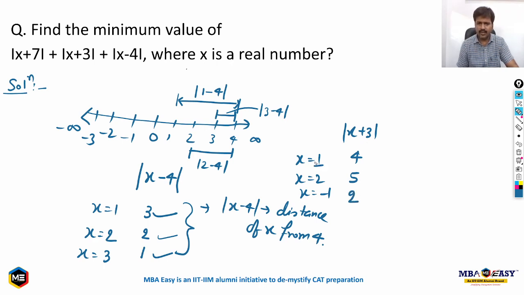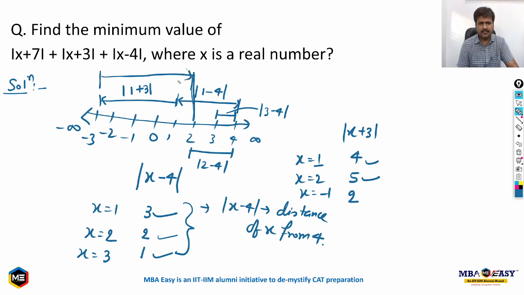Now for x is equal to 1, 4 has come. This 4 is nothing but the distance from minus 3 to 1. This is mod of 1 plus 3, which is 4 units. Similarly, if you are taking x is equal to 2, it is coming out to be 5. How is 5 coming? It is the distance between x is equal to 2 and x is equal to minus 3.